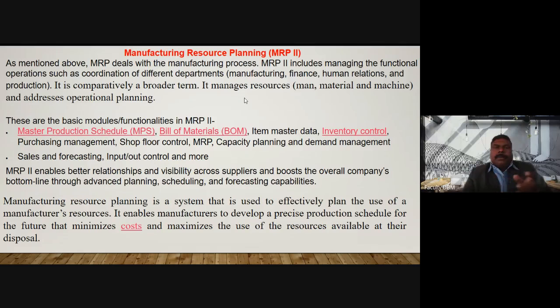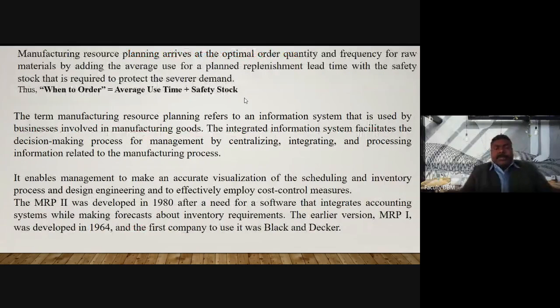So MRP2, manufacturing resource planning, arrives at the optimal order quantity, that is the frequency of raw materials, from the average use of replenishment in real time. So when to order, that is the reorder level: we need the average use time plus safety stock, which equals the when to order, that is the reorder level.